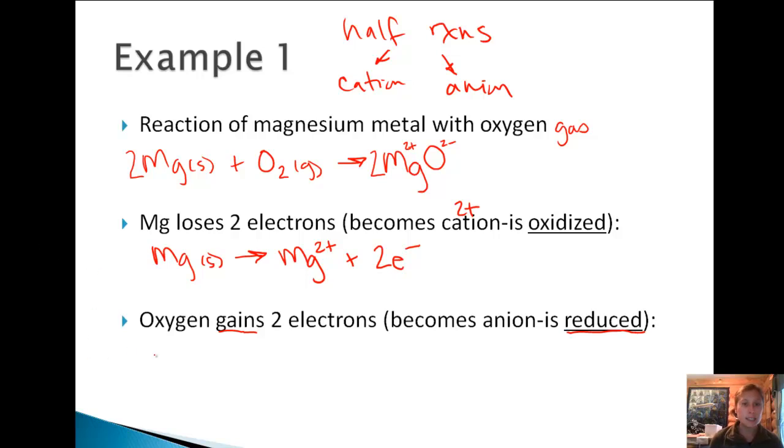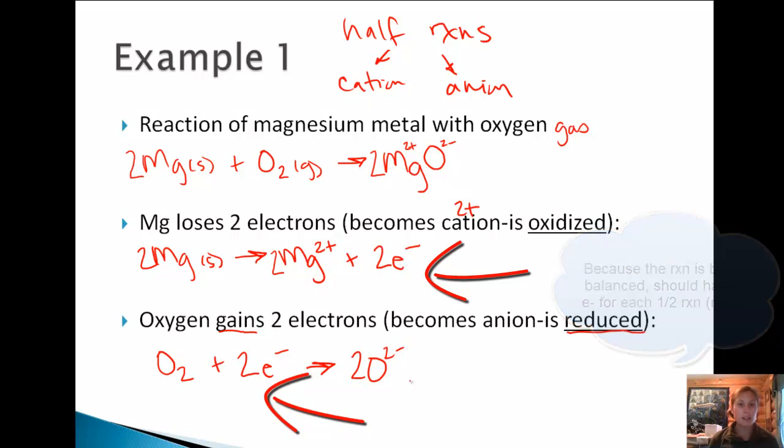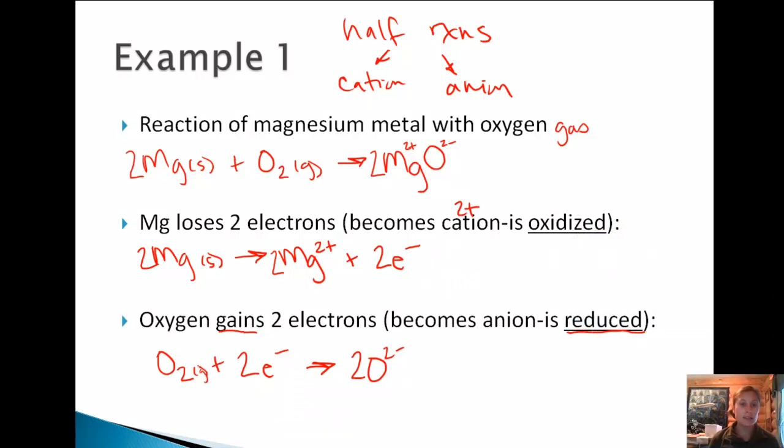Since oxygen is gaining electrons, we have our O2, and I suppose we could balance this also, it gains 2 electrons, and that gives us O2-. So we've gone from O2 as a neutral gas, gaining 2 electrons to produce 2- ions. These are what we call our half reactions. Magnesium is oxidized because it lost electrons, and the oxygen is reduced because it gained the electrons.